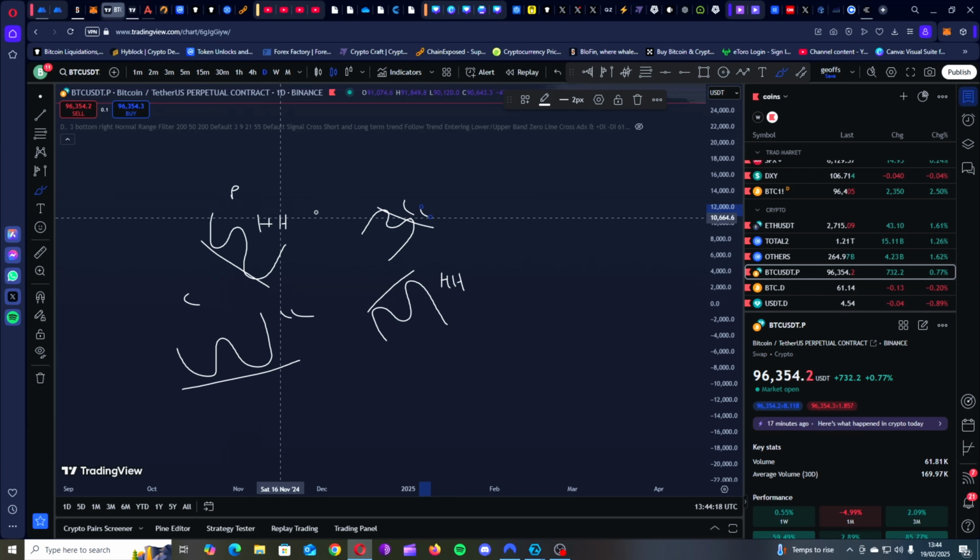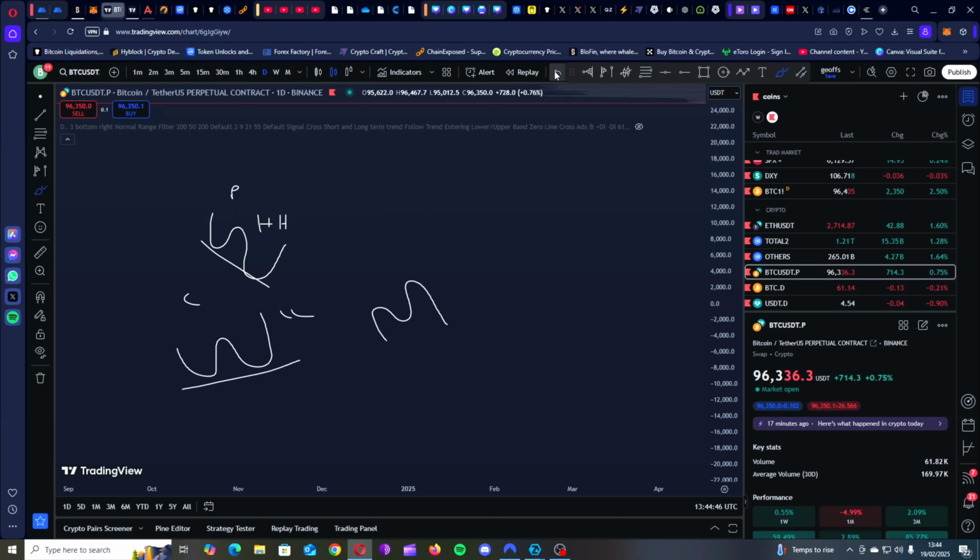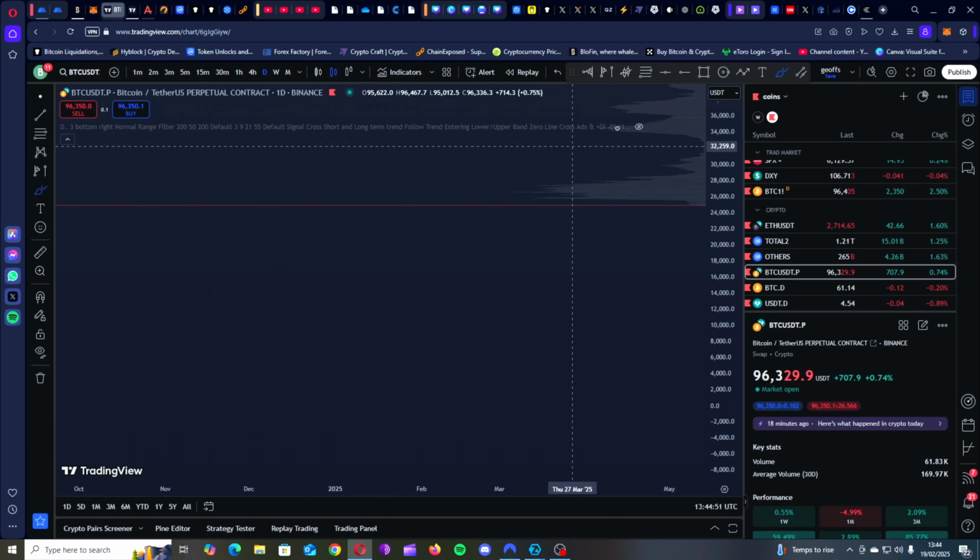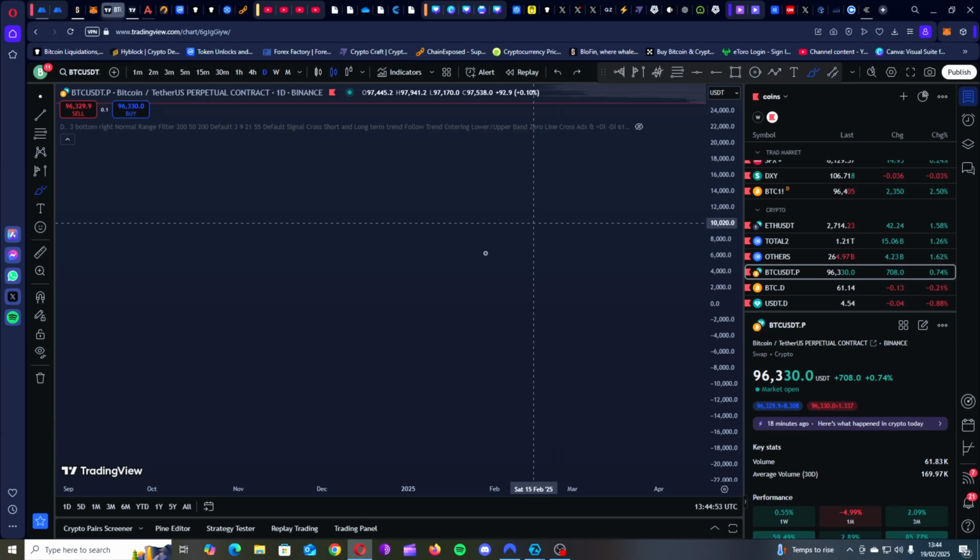So my apologies, not higher highs on this one. It was higher lows on this one and lower lows on the divergence here. And then on this one, you've got CVD doing lower lows and price doing higher highs. And then that'll give you your direction of where price could potentially be going. So let's just move that a minute.